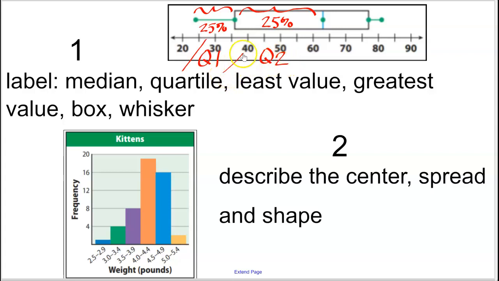This is also another quarter. Over here from here to here is also another 25%, and that could be Q3. Notice that quarter 2 and quarter 3 are in the box, quarter 1 is out here, and quarter 4 is over here. This is also 25%. So otro cuarto, quartile, right there.